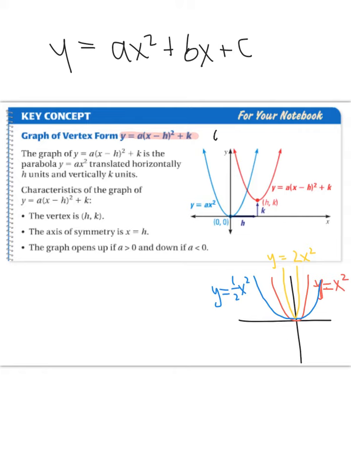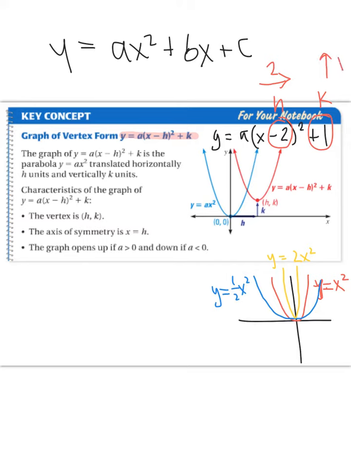So for example, if I had y equals a, whatever a is, x minus 2 squared plus 1. So 2 will be my h, and 1 will be my k. So this tells me I need to go to the right 2, and this tells me I need to go up 1.